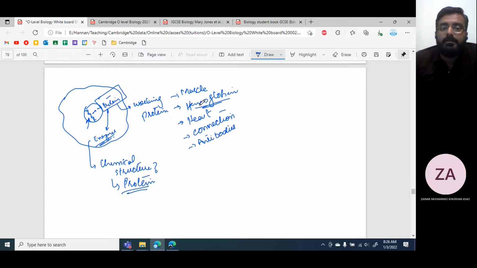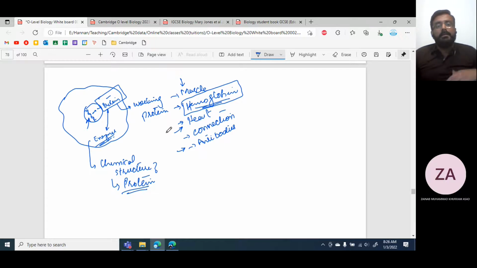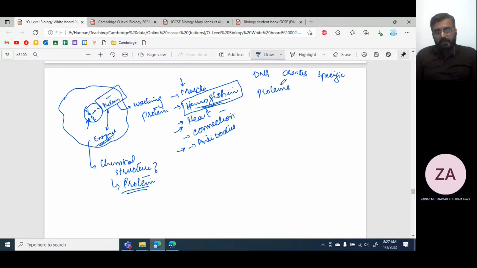But if it is meant to be converted into the hemoglobin, it would never be converted into the muscle protein or heart protein or antibodies. Hemoglobin protein is hemoglobin. It would never be an enzyme. So it means that DNA creates specific proteins. Are you understanding all this? Yes, sir. Okay.